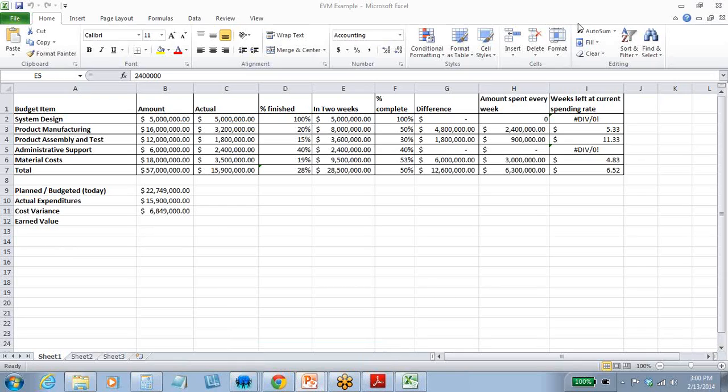If you look at the last screen, which is my last column right here, which is 5.33, 11.33, 4.83, and 6.52. So that's how many weeks are left to finish those activities up.